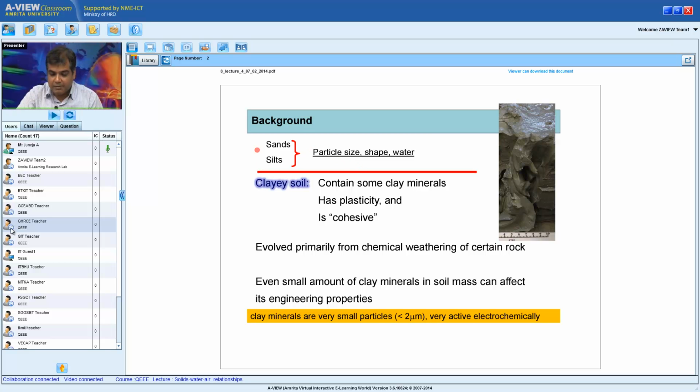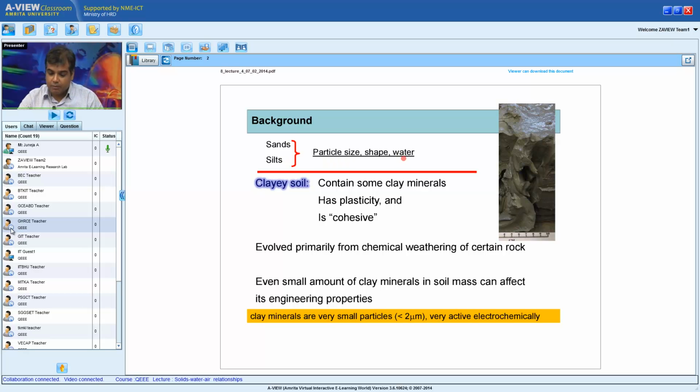So for the top two, sand and silt, we have seen that the mechanical behavior and the permeability are largely dependent on the particle size and shape. These are important because the greater the interlocking and the better graded the granular material, the greater the strength, and vice versa for soils which do not meet these conditions.